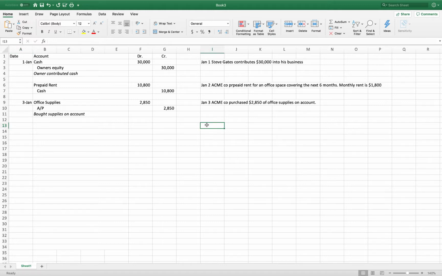So what's the next transaction that more often than not we're always going to see? Well, through the normal course of business, we're always going to see maybe an owner signing a bank note to get cash. Okay?